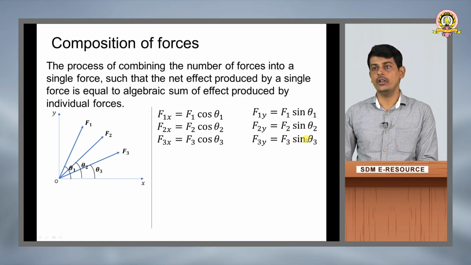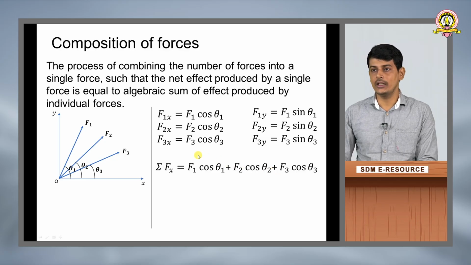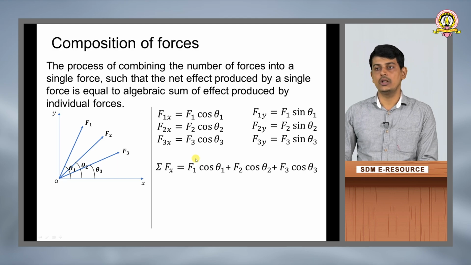Once after resolving these forces, I am going to add the forces which are in the x direction, that is F1 cos theta 1, F2 cos theta 2, F3 cos theta 3. While adding these forces, we should take care that force is a vector quantity, so it should be added vectorially, which means sign convention needs to be considered.